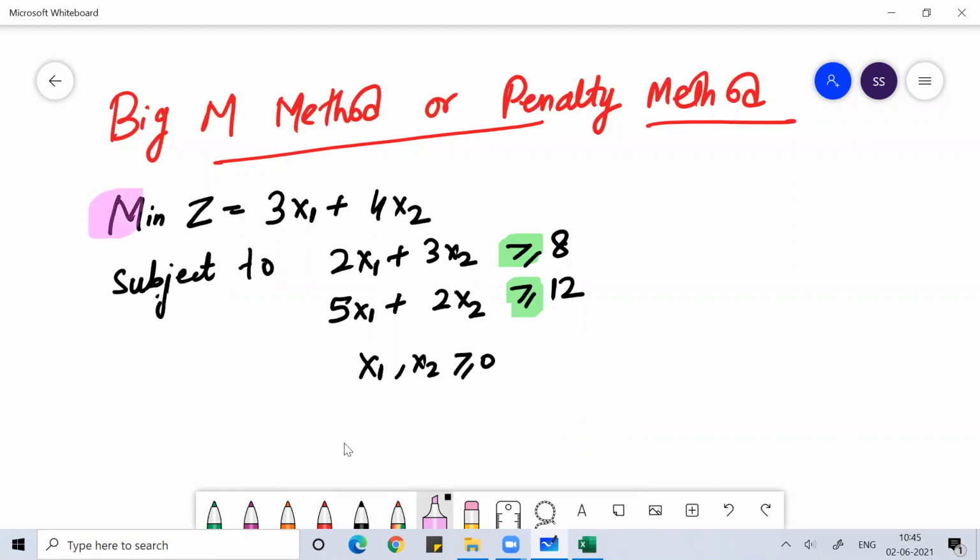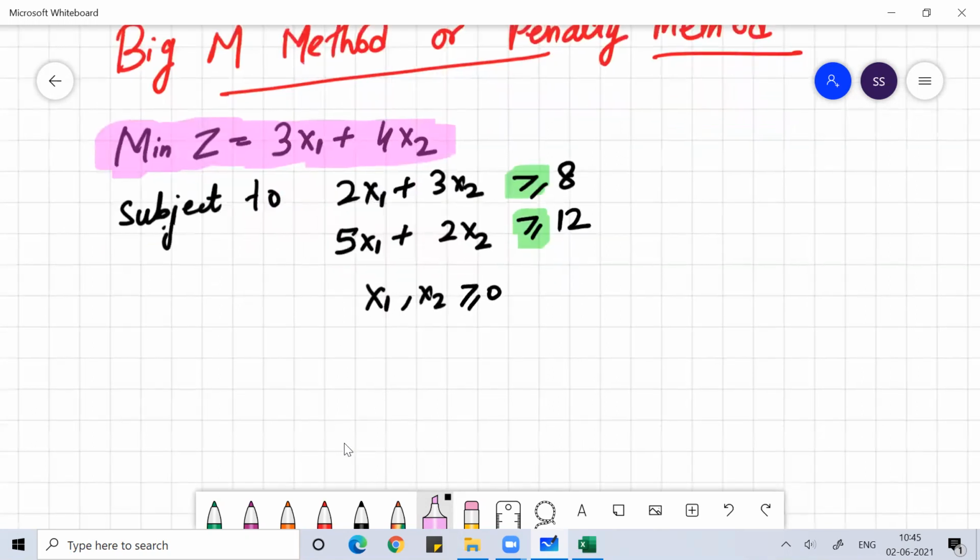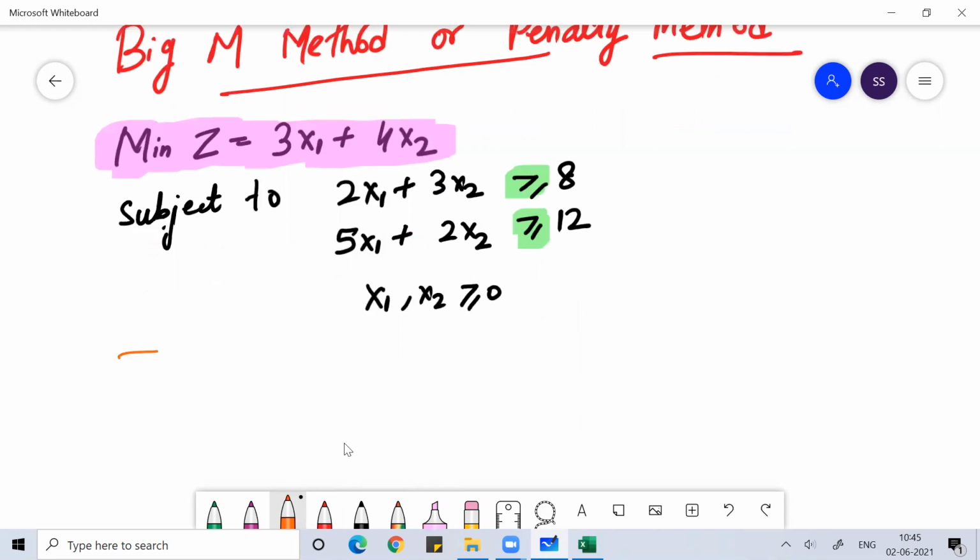Before that, a very important thing, always remember, as I told you yesterday: when you see the objective function of the LPP problem and you are trying to solve it using the simplex method, you need to make sure your objective function is in the form of maxima. If you see a problem where the objective function is in minima, you have to convert this minima into maxima. So please remember, your objective function should always be in the form of maxima.